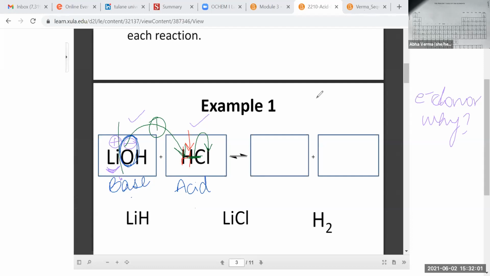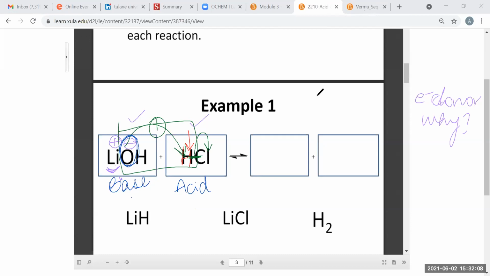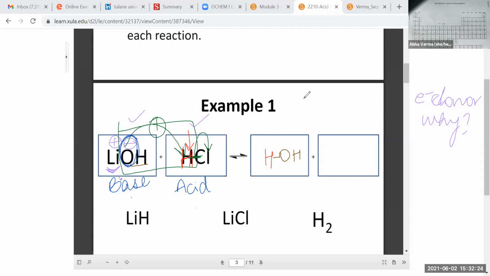So what is the new product that we see form? H2O. H2O, very good. And so I have this OH and I have this LiCl. What is the other thing that is left behind?